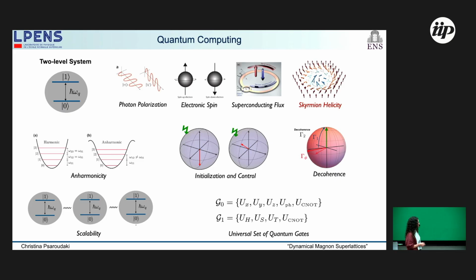And of course, it's not enough to identify those two-level states. Then we should show that a few requirements are satisfied. For example, that the spectrum of this degree of freedom is anharmonic, that we have the ability to initialize and control this degree of freedom. The coherence is a major player here that we should estimate exactly. Of course, scalability and whether a set of quantum gates exist.